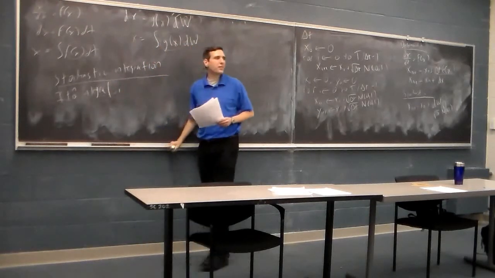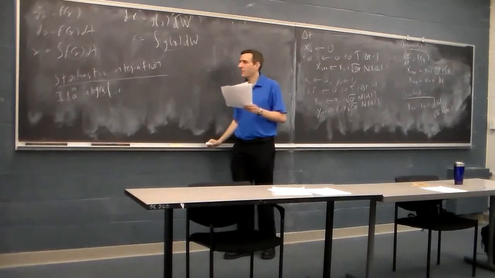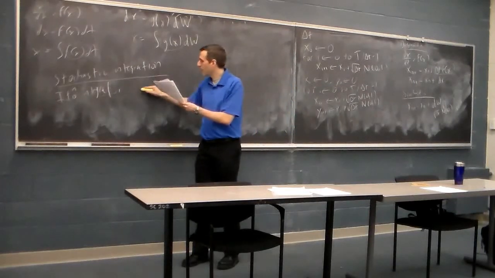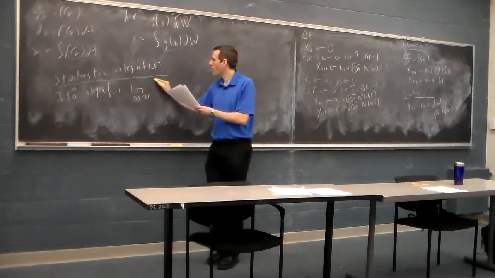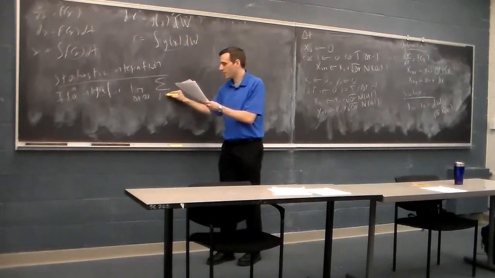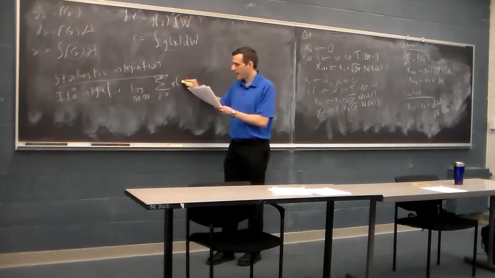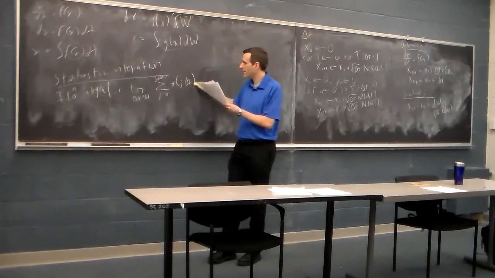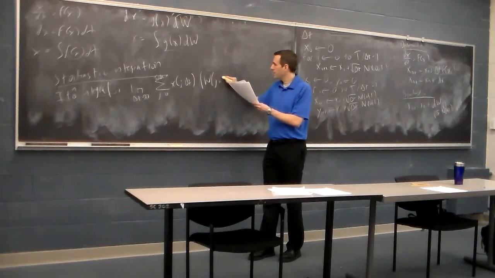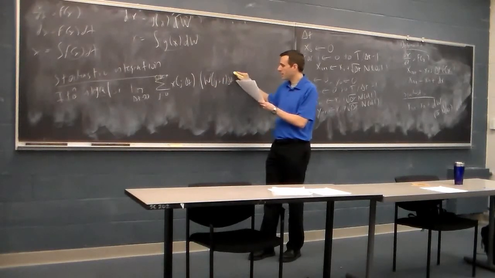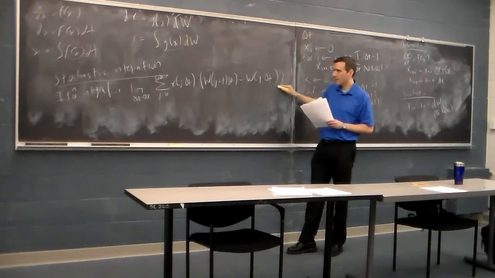And an Ito integral is basically just a way of defining what we mean when we integrate over a noise term. In particular, the Ito integral is defined as the limit as delta t goes to 0 of the sum from j equals 0 to t over delta t minus 1 of x of j delta t times w of (j plus 1) delta t minus w of j delta t.